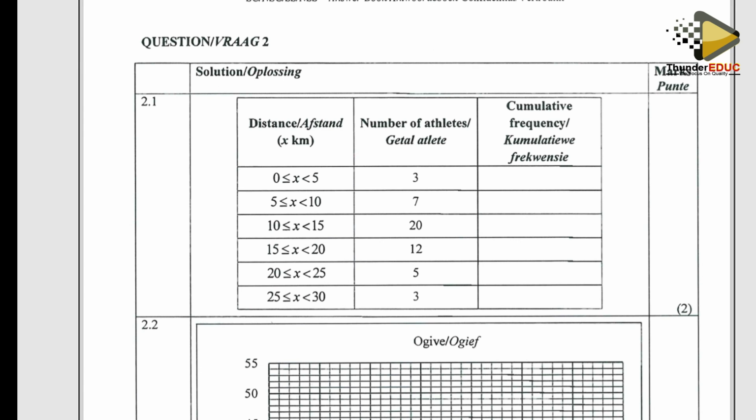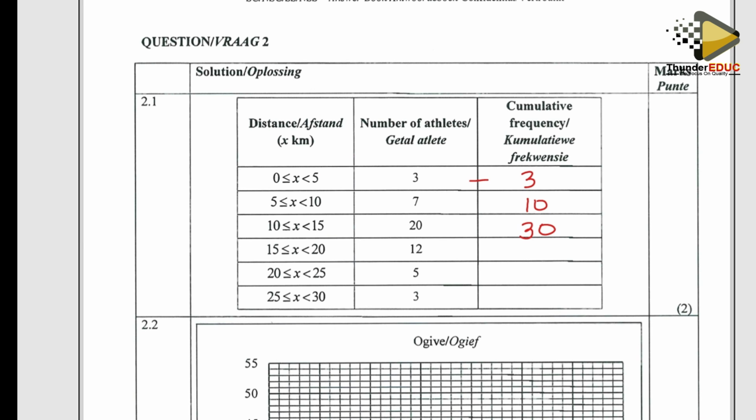Now, one thing we know about cumulative frequency is that it's all about adding the consecutive frequencies. So the first cumulative should be the same as the first frequency. So that's a 3. For the next one, I have to add: 7 plus 3, that's going to be a 10. Then 10 plus 20, it's going to be a 30.